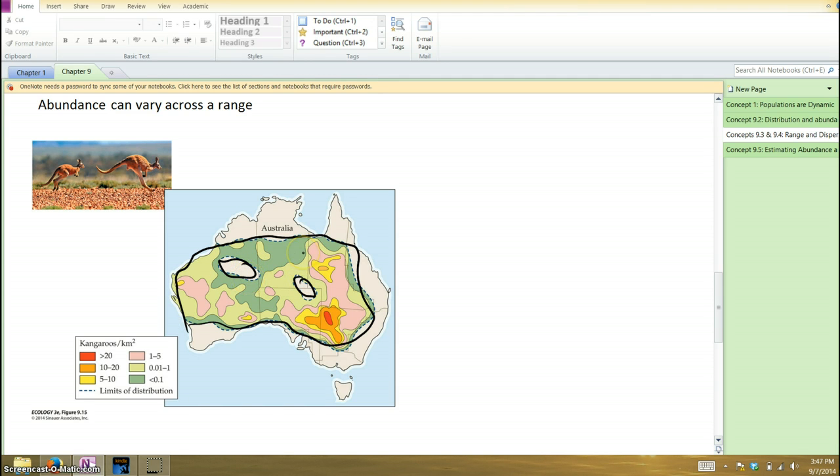But you can see within that range, there's a lot of variation in density. They're most dense down in this area, but in the green area is relatively low density. So clearly, whatever the conditions are that kangaroos like, are quite good in this area and not so good in other areas.